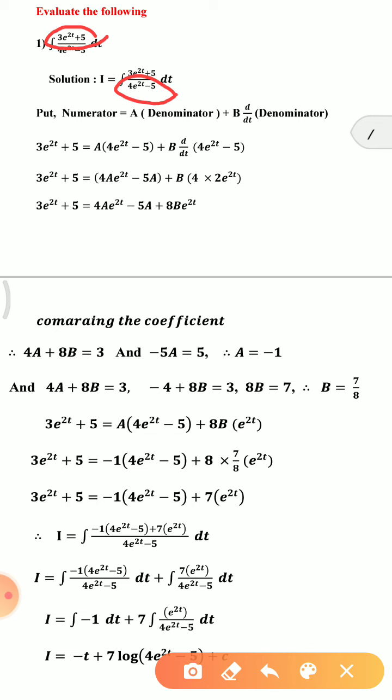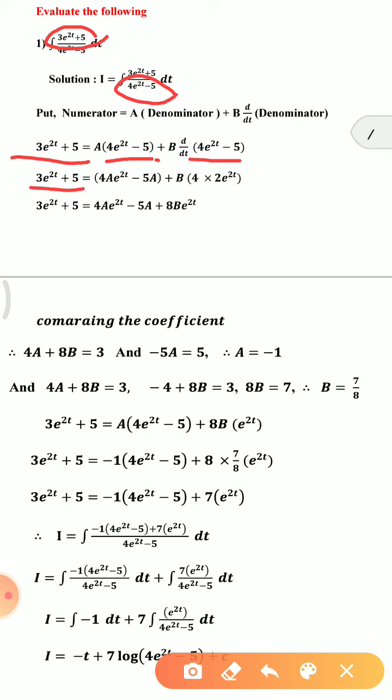That is, 3 e^(2t) + 5 = A(4 e^(2t) - 5) + B times the derivative of (4 e^(2t) - 5).